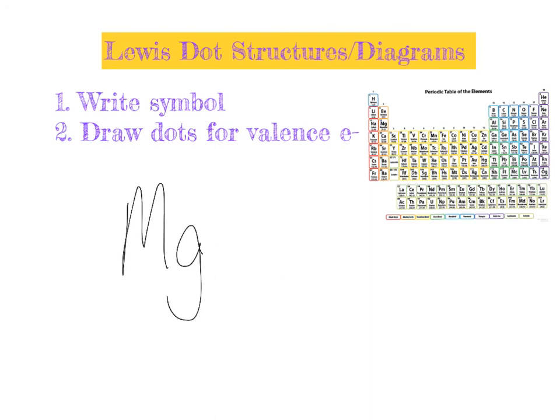Whenever we do abbreviations, we always do a capital letter followed by a lowercase letter. Now, because it has 2 valence electrons, I would draw 2 dots. We never put 2 dots on one side of the symbol until all sides are filled in. So I would put 1 here and then 1 here. And that would be my dot diagram.